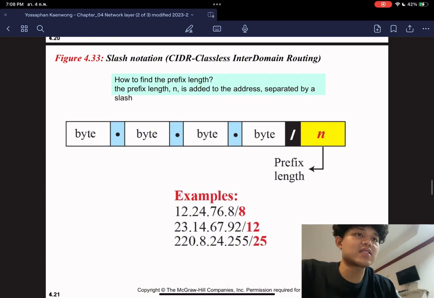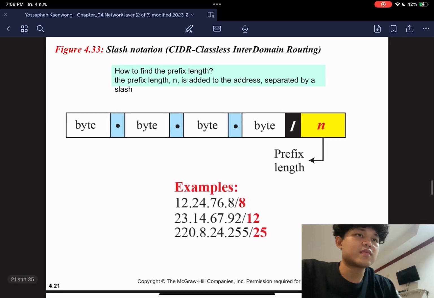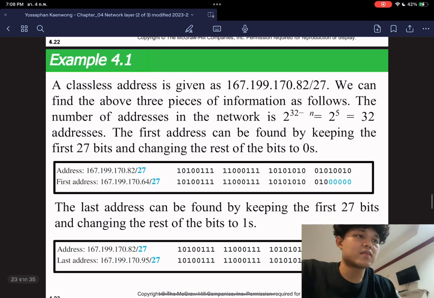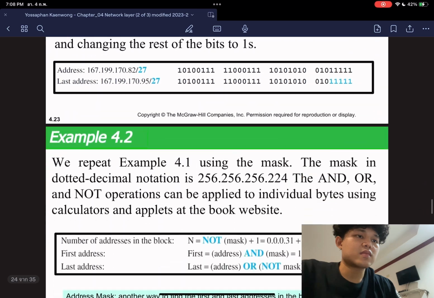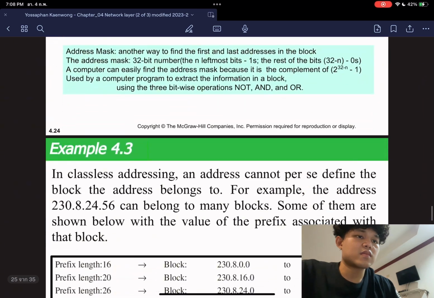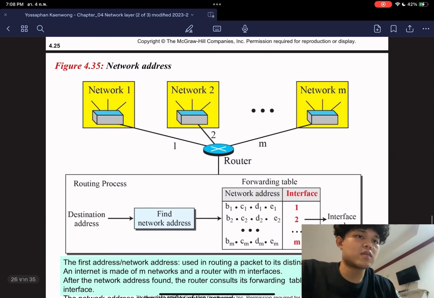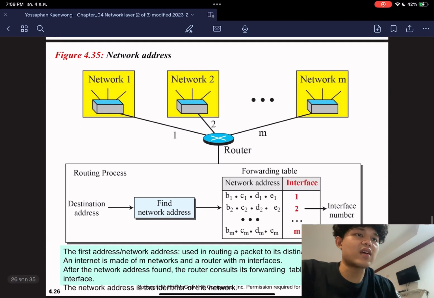And this is the slash notation. CIDR is classless interdomain routing. And this is the information extraction in classless addressing. And this is a network address.